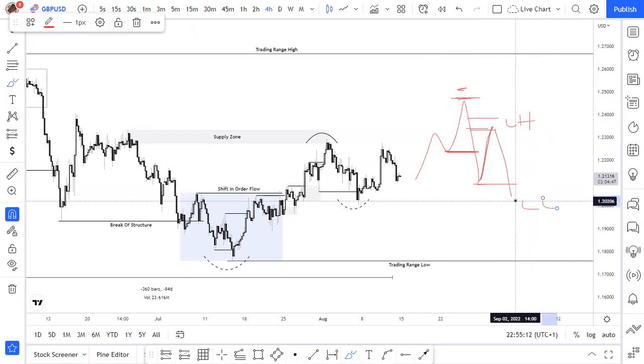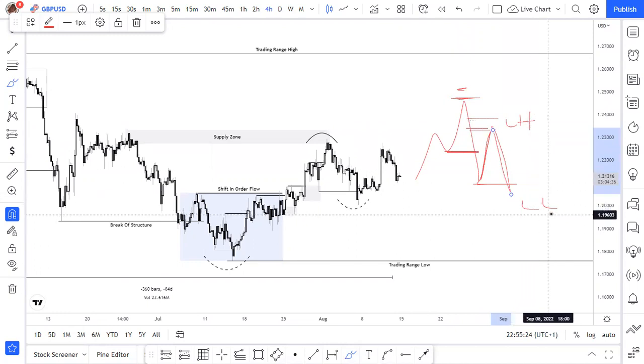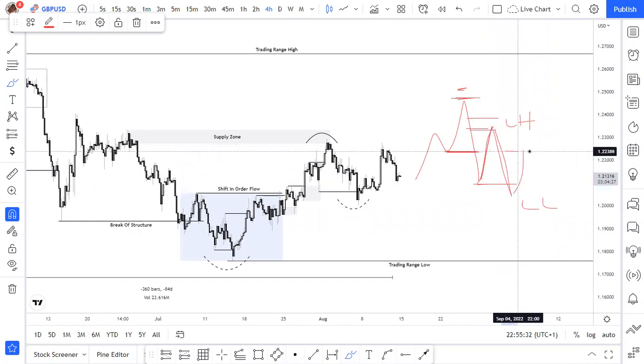So here we can see that when the structure of the market is bearish, it makes lower highs and lower lows. So now we have a lower high and then we have a lower low. So I can see for sure that the structure of the market is truly bearish. So I could confidently look for sells whenever price pulls back within this range.